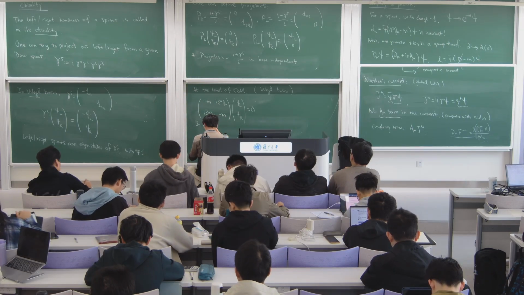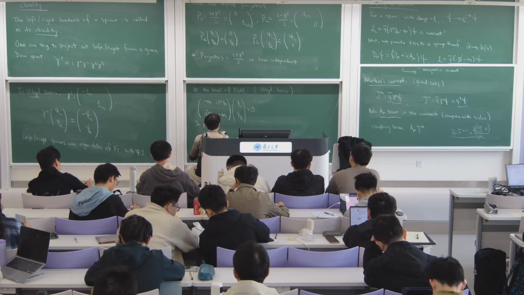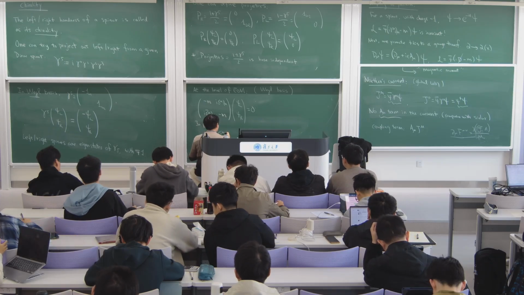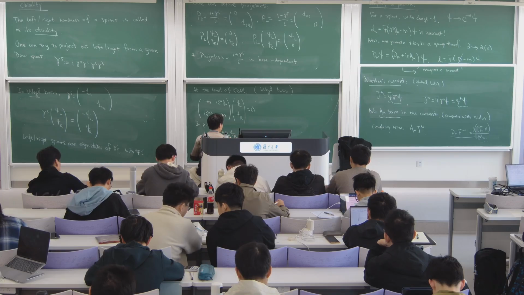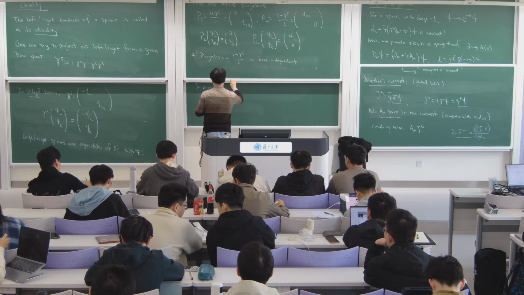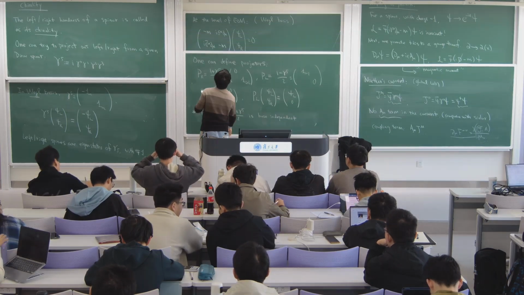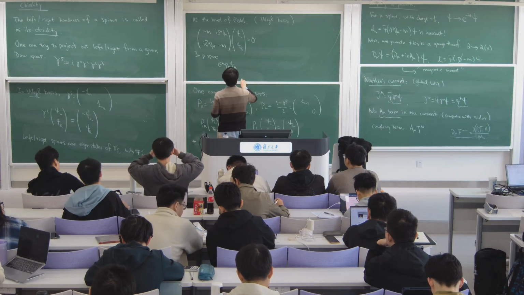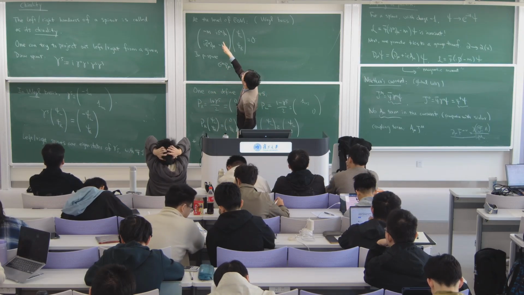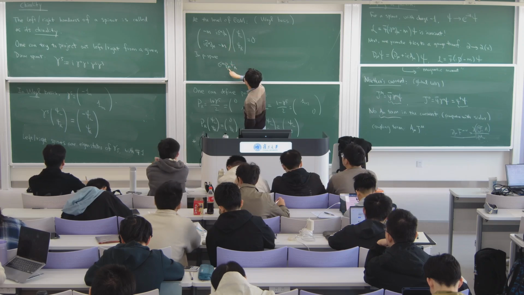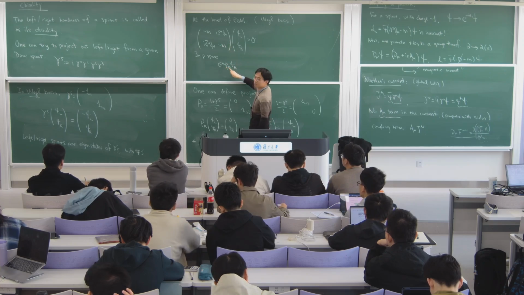So I switch to the momentum space. The component equation is nothing but sigma mu p mu acting on psi r. I replace i partial mu by p mu, so this is sigma mu p mu.